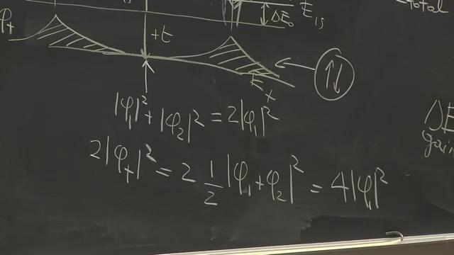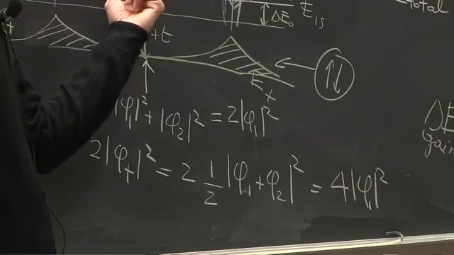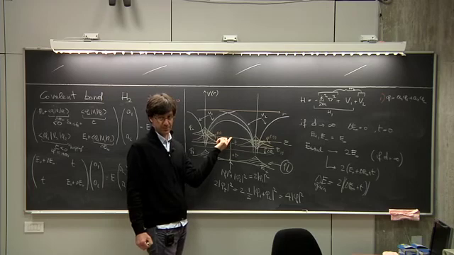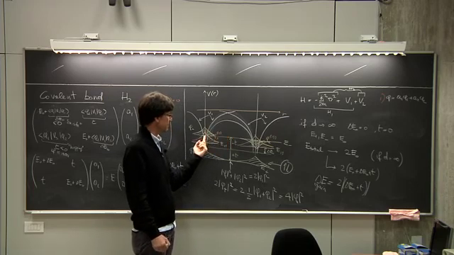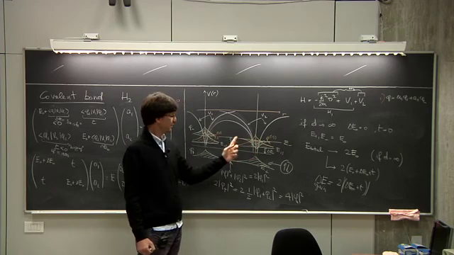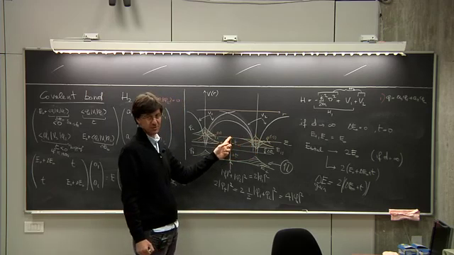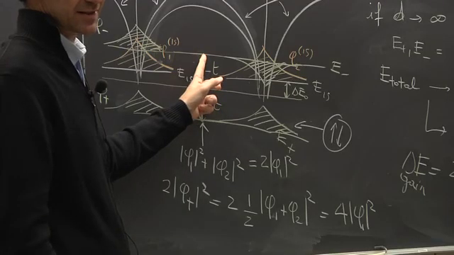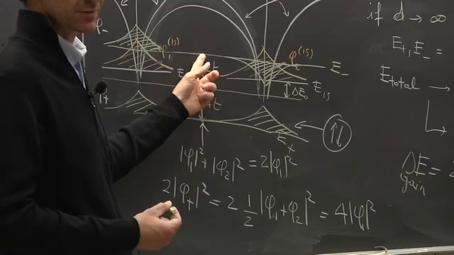By the way, notice that if I had taken phi minus at this point, because phi minus is phi 1 minus phi 2, and phi 1 and phi 2 take the same value here, phi minus is 0 here. This is exactly the node of phi minus.